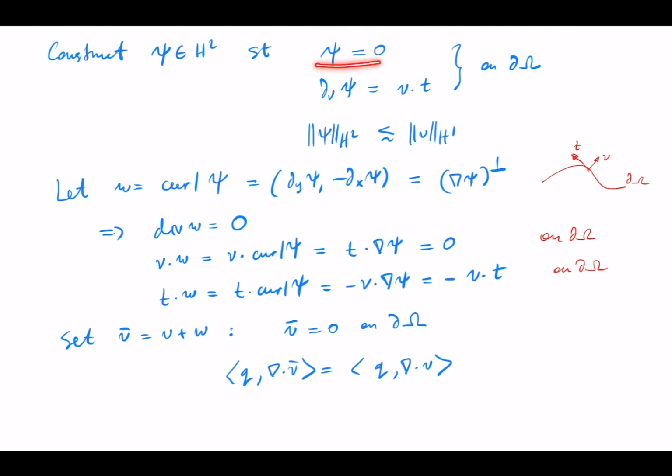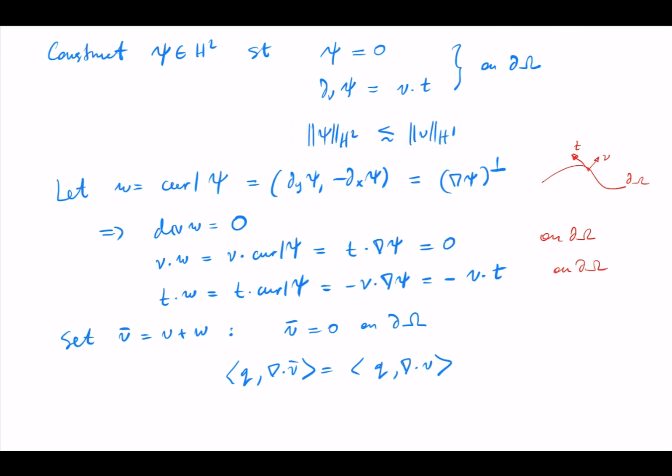So it will satisfy the Dirichlet boundary condition, and the normal derivative will satisfy this condition. So the normal derivative is equal to the tangential component of our vector field V. This is an extension problem, and it can be solved, and we can construct psi satisfying this estimate.